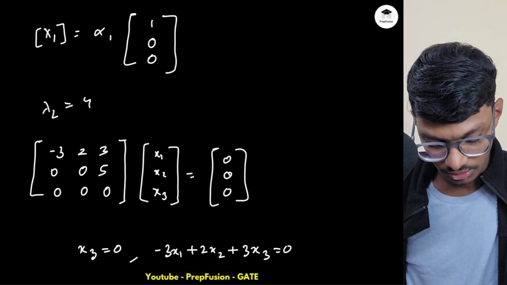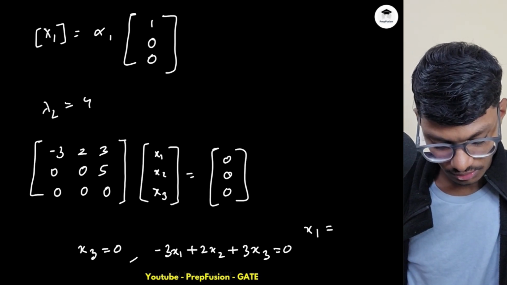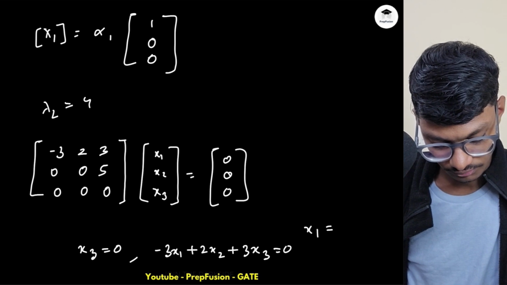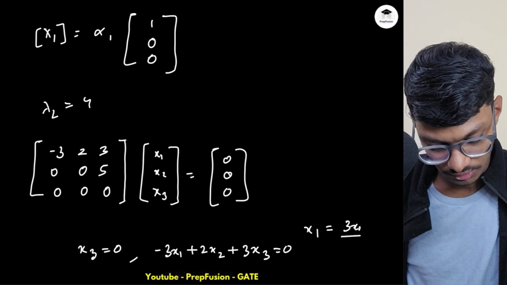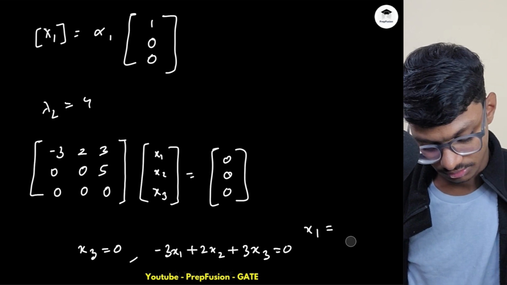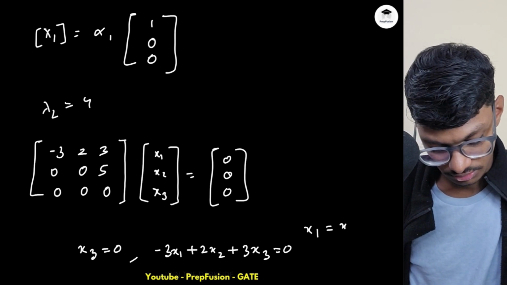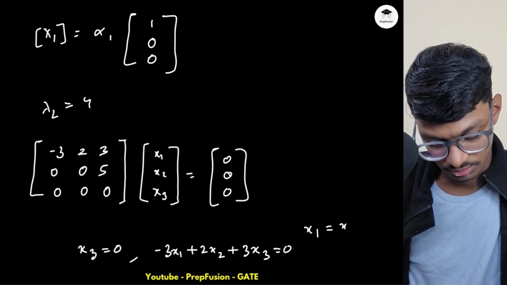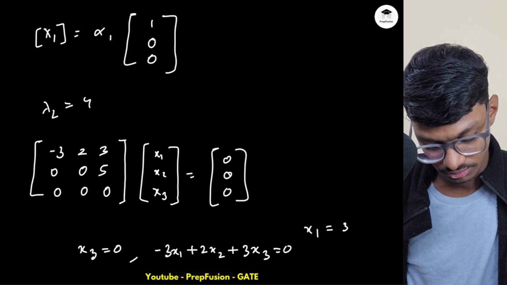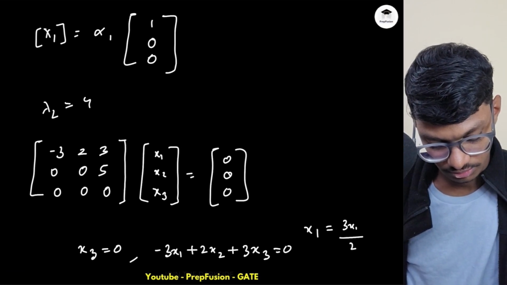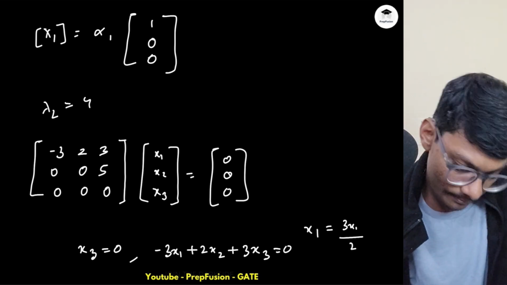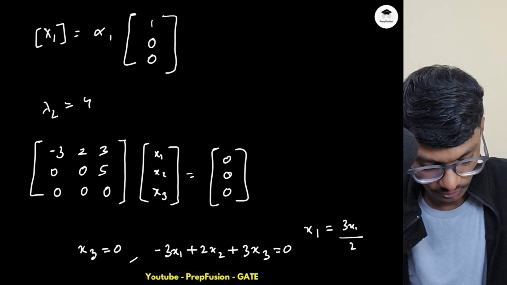Now x3 is 0, so x1 equals to 3x1 divided by 2, right? Okay, I made a mistake. No, 3x1 divided by 2.